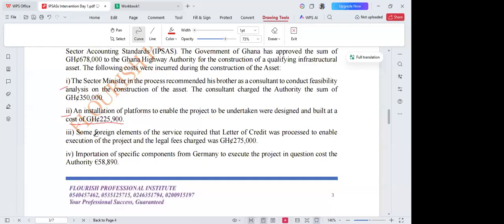We move to III. It says some foreign elements of the service required a letter of credit, which was proposed to process to enable execution of the project, and the legal fees in relation to that was 275. Are you going to consider this?